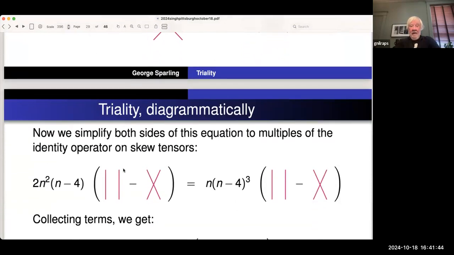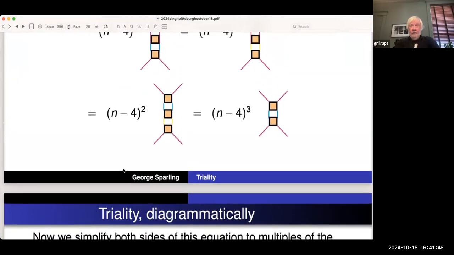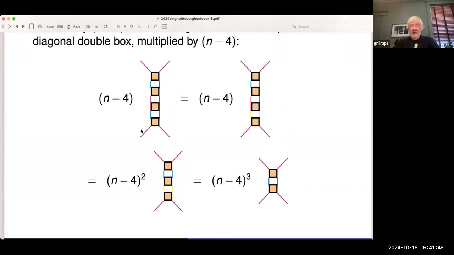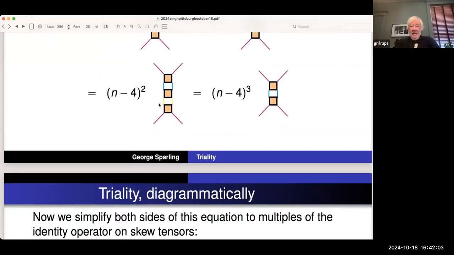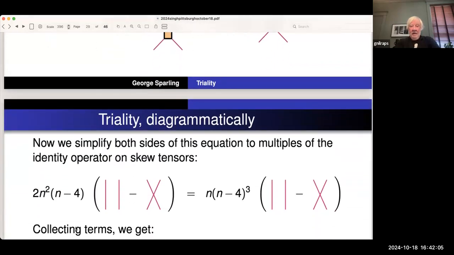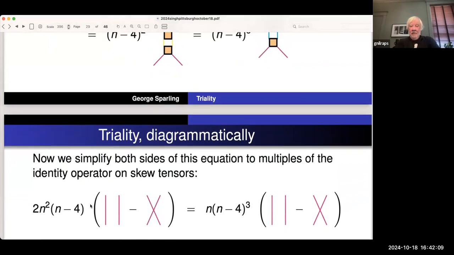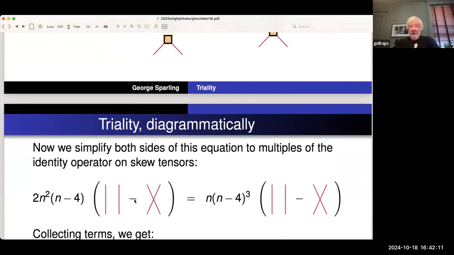On the one hand, the first term on the left-hand side here can be simplified using properties of the input 2 reds and output 2 reds, and that simplifies to the left-hand side of this equation here, 2n squared times n minus 4 times the skew symmetrizer.